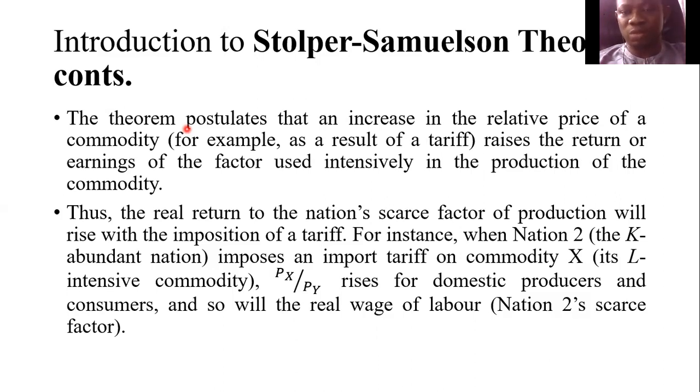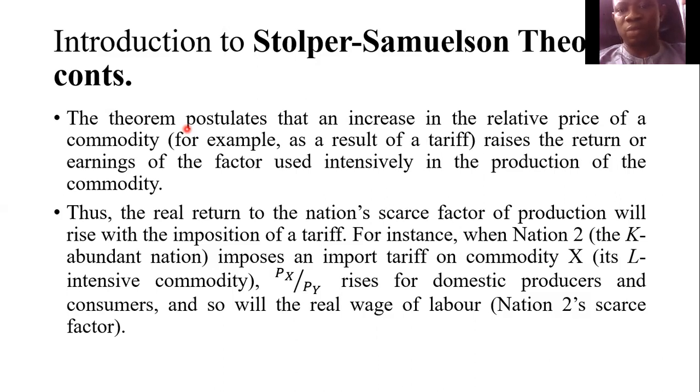Assuming a country like Nigeria, we produce cocoa and we import automobiles. Within the Nigerian economy, we have an automobile industry which is not big enough, still growing. So when the Nigerian government imposes a higher tariff on automobiles, the price of automobiles will also increase locally.